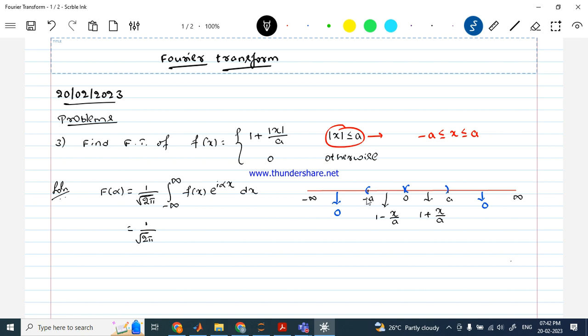and you can note in this interval the function is 0. Again from here to here it is 0. I am just neglecting that interval, as integration of 0 becomes 0.